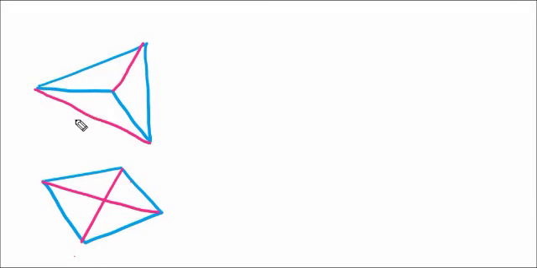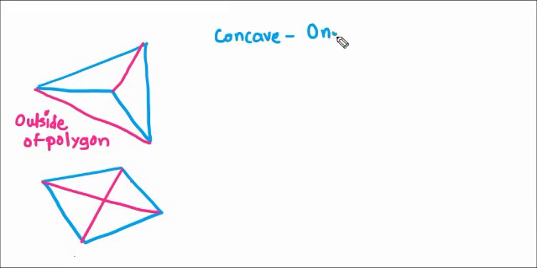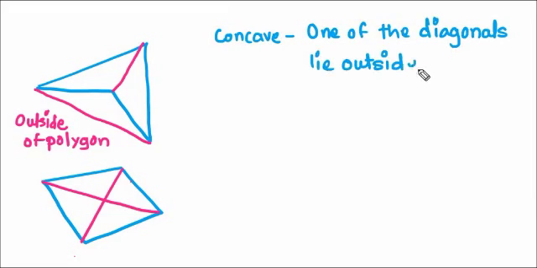So in this case, if you see, this is lying outside. So a simple definition is a concave polygon is where diagonals lie outside of the polygon. Whereas in a convex polygon, all the diagonals lie in the interior.